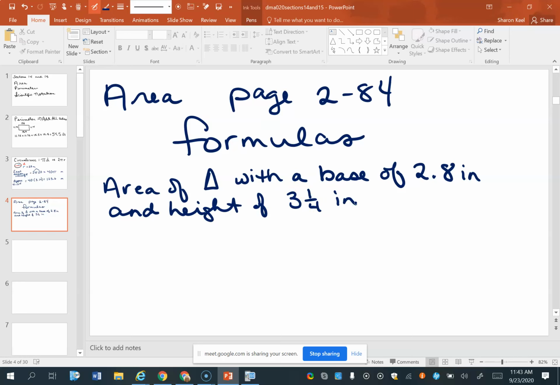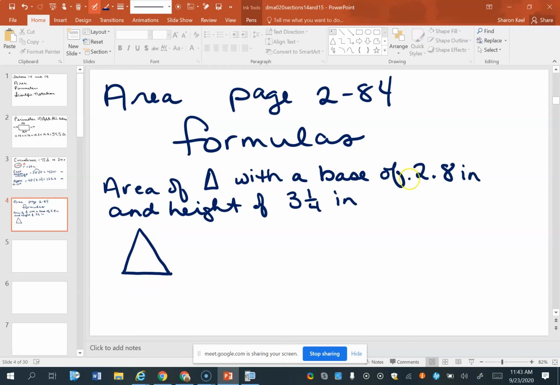And they ask us to draw a picture, write the equation, and solve. So when we draw our triangle, it doesn't specify whether it's a right triangle, an acute, obtuse, which type of triangle. I'm just going to draw a basic triangle here.